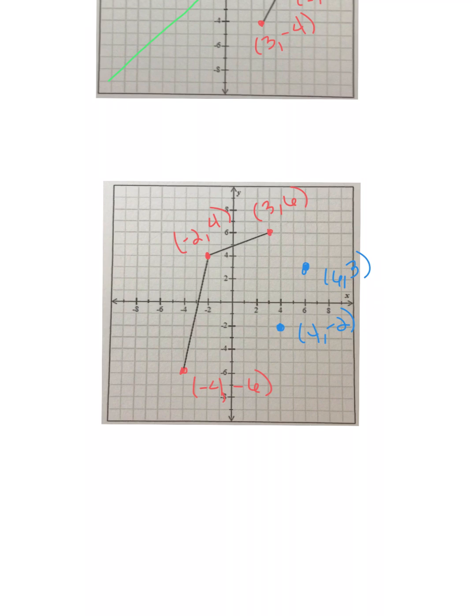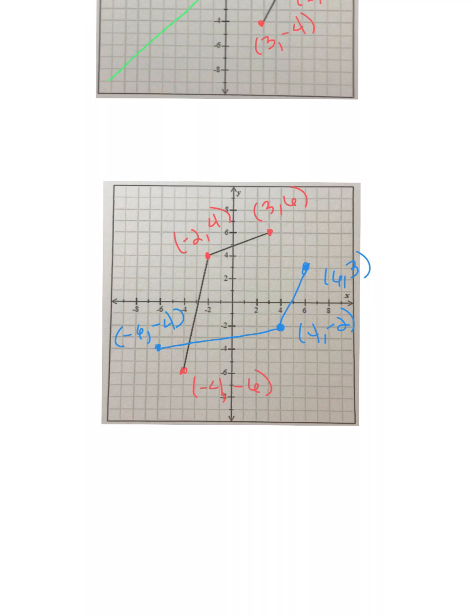And the left-hand endpoint, the coordinates become x is -6, y is -4. If we connect those points, there's the graph of our inverse.